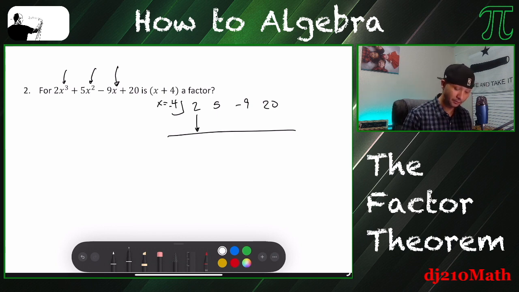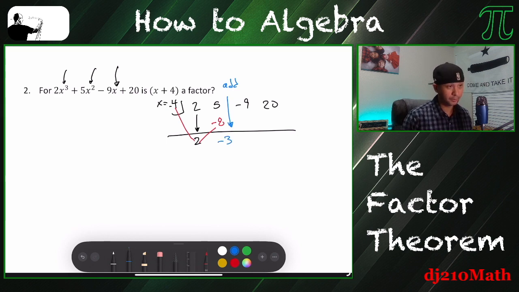And we start our synthetic division process. I bring down the 2. Again, I'll just draw the lines on the first iteration. -4 times 2 is -8. I'll write that here, and then we add going down. So -8 plus 5, -3.